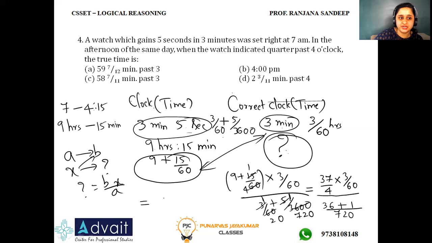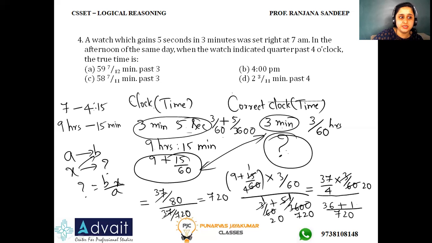So I'm going to write it here. So it is, let us just cancel something here, 1 by 20, correct? So we got 37 divided by 80. So 37 by 4 into 20 is 80, by 36 plus 1 is 37, 37 divided by 720. So now 37 and 37 cancel each other and 720 goes to the numerator.